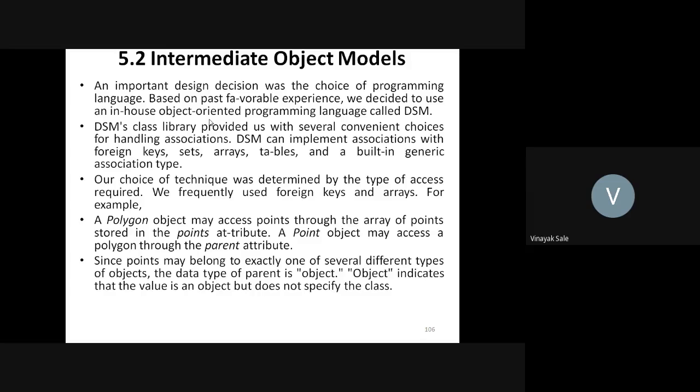A point object may access the polygon through a parent attribute. Since a point may belong to exactly one of several different types of objects, the data type of parent is object. Object indicates that the value is an object but does not specify the class.